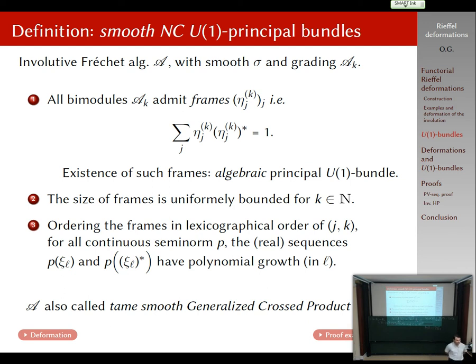Concerning the stability of HP, there's been a thesis from a student of Nigel Dixon about stability of HP for, I think, deformations of this type and smooth deformations of this type. Is there any relation?